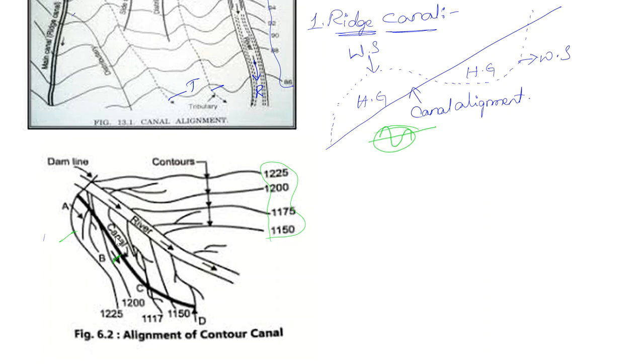And because of a canal which is passing all over this different range of contours, it is called your contour canal. And the definition of it is given as, a canal aligned nearly parallel to the contour line is called contour canal, and they are aligned generally when canals take off from the rivers.